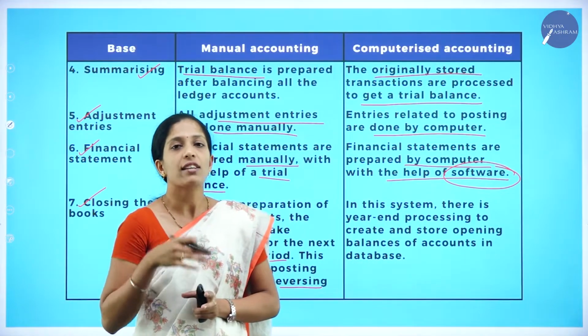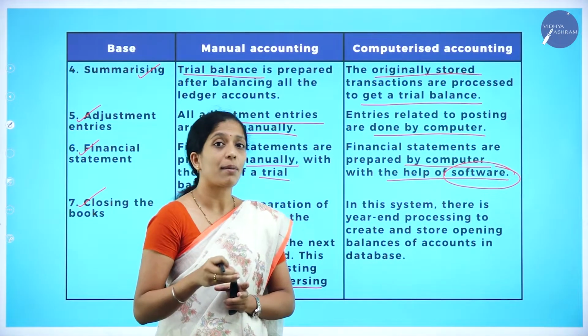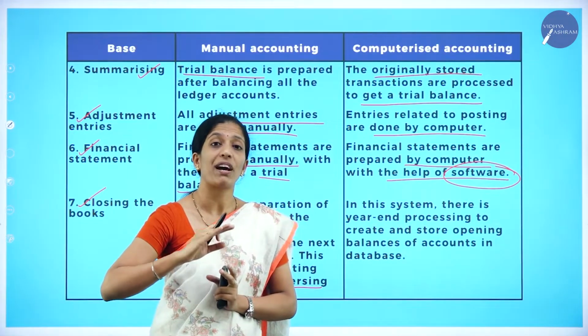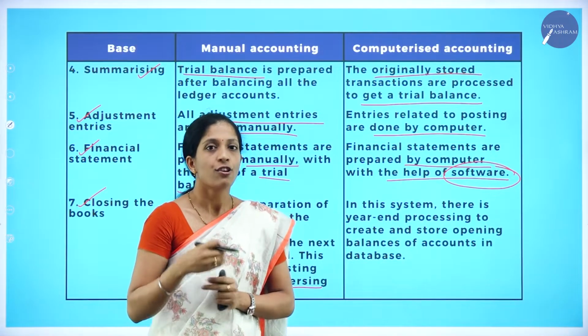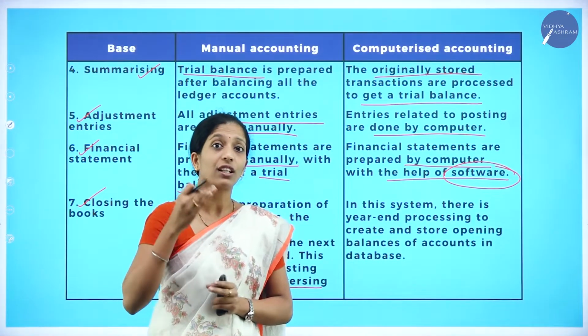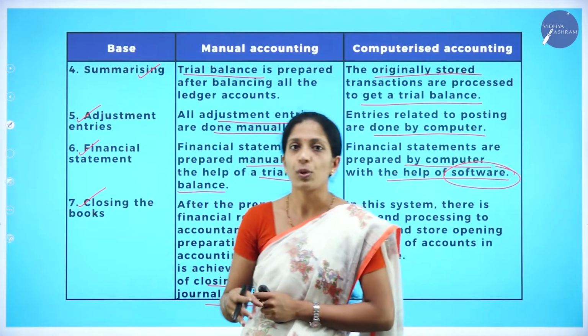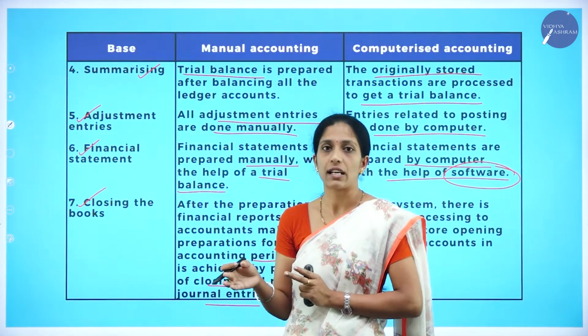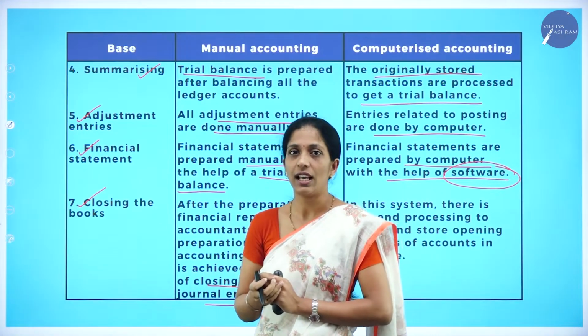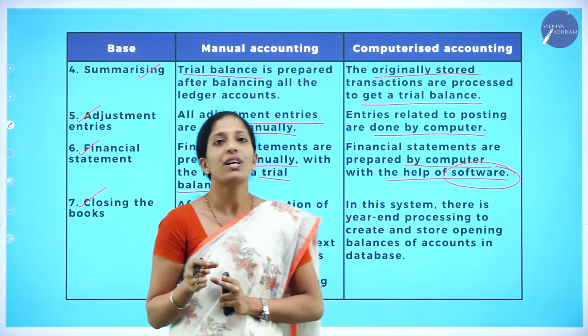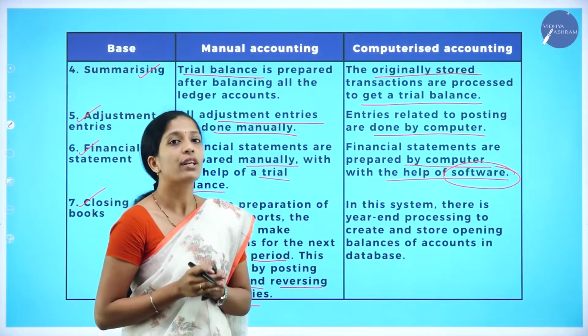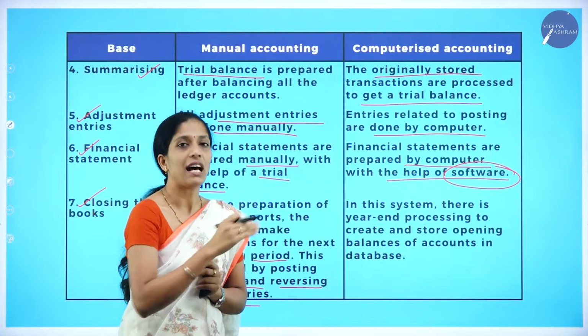Once the financial statement is prepared, under the manual accounting system, they will prepare for the next accounting period. They will get started for the next accounting period, for which they are going to close the entries by reversing the journal entries. So by just reversing the journal entry, they are going to close their books of the last year.